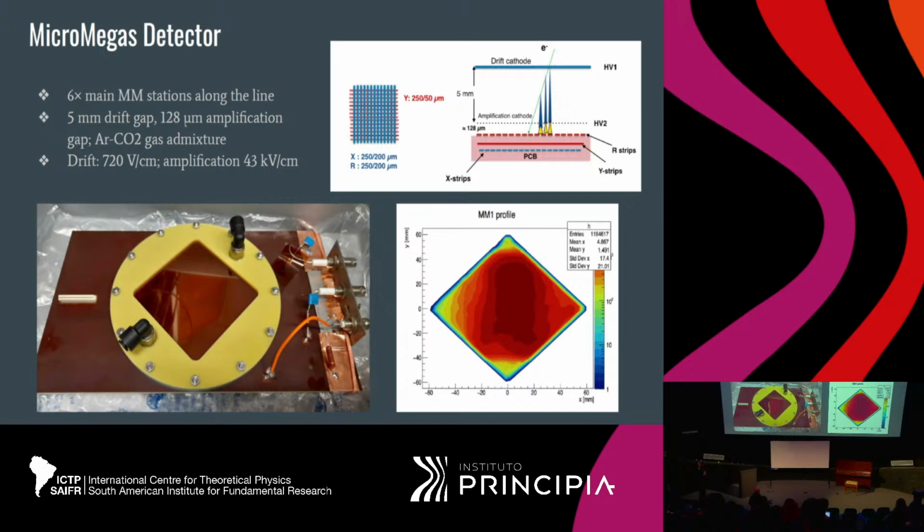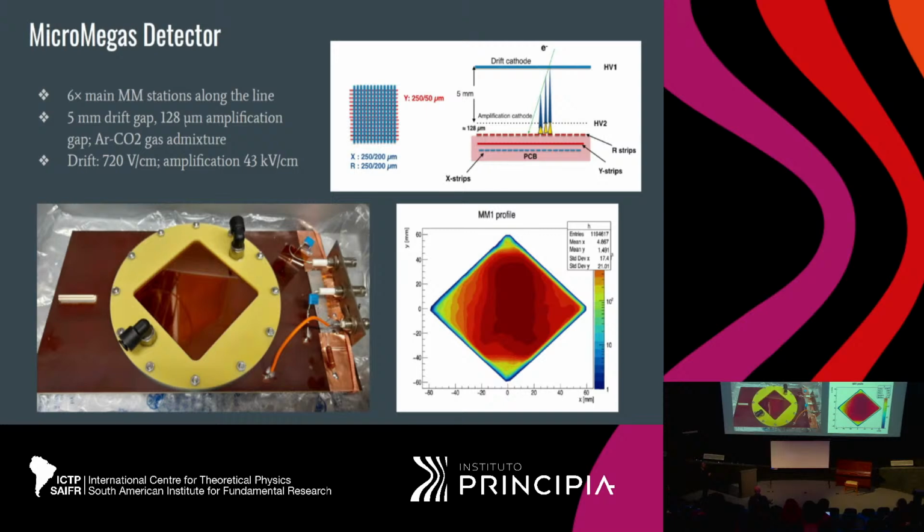The gas is usually a mixture of argon and CO2, and you have two electrodes at different voltages, and when an electron, for example, or any charged particle passes in this region, which is filled with this gas, of order 5 millimeters, you can have some ionization, and the electron-ion pairs travel through this gas until they reach a second part where they are accelerated by a large electric field, and they produce an avalanche that basically hits some strips where you can sense the charge, and so you can know where the particle has passed.